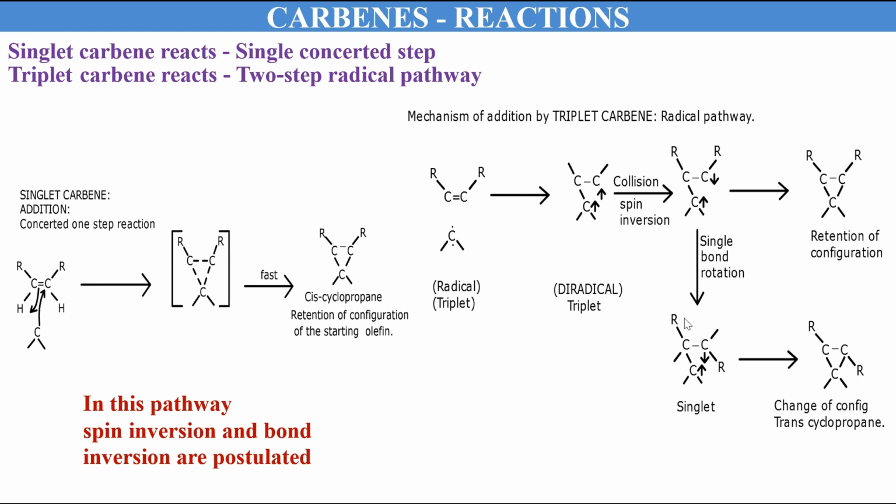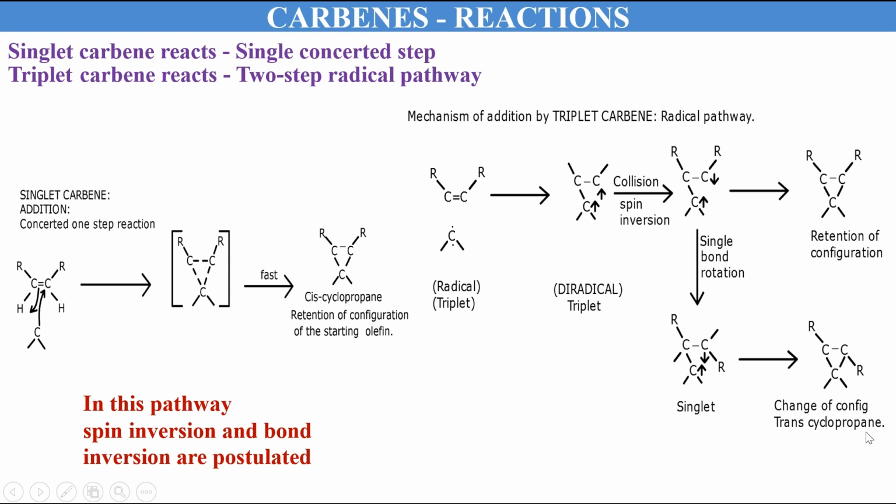Here the spin inversion takes place because of collision, or the inversion takes place because of the single bond rotation. When single bond rotation occurs, there is a change in configuration. When there is only spin inversion by collision, there is no change in the configuration, and the configuration of the original alkene is retained.